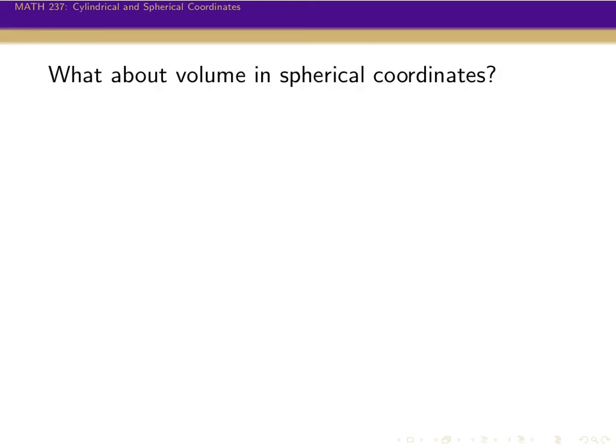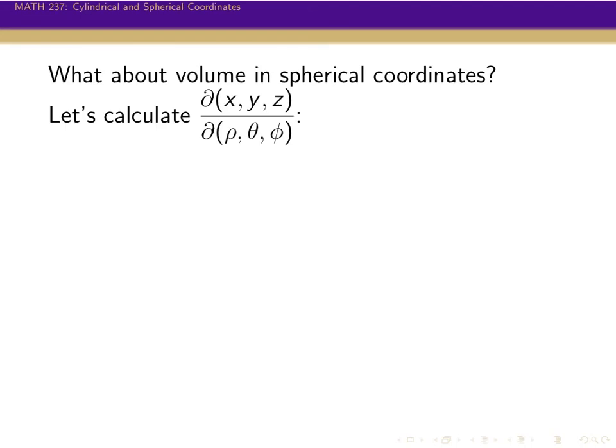Okay, but to do integration, we have to do the same thing that we did in cylindrical coordinates. We have to figure out what volume is going to be in spherical coordinates. And so the picture for this would not be real pretty and may not help very much. And so instead of doing the picture, let's do a 3-variable Jacobian. Okay, so we're going to calculate the Jacobian from here. Now the Jacobian in 3 variables is the complete analog of the Jacobian in 2 variables.